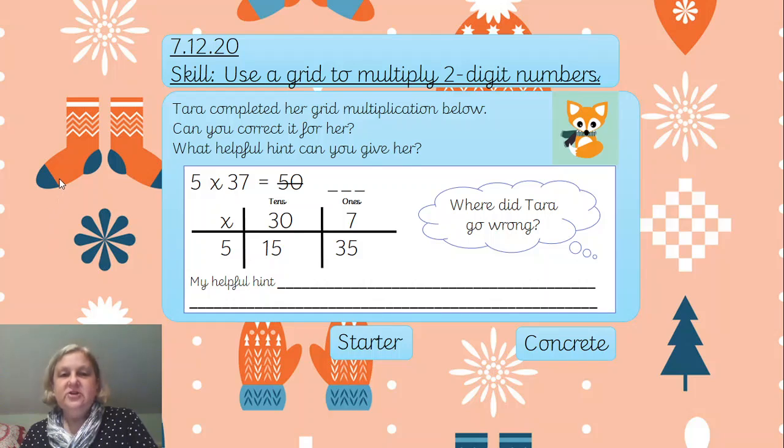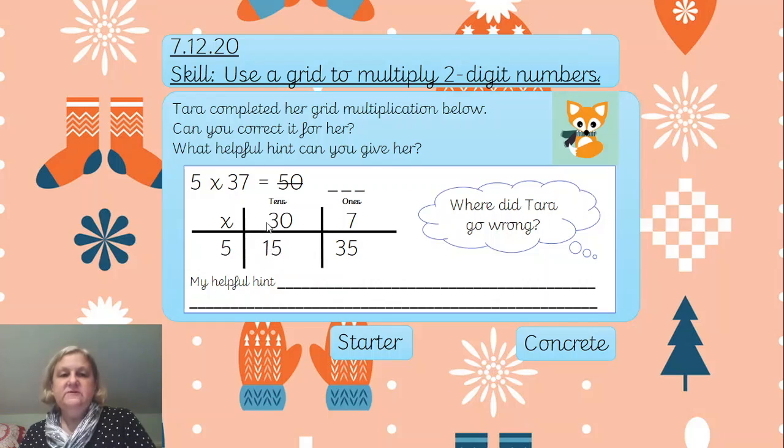So did you have a look at her mistake? She had used her grid, she's partitioned it correctly, 30 and 7, 37, and then she's times it by 5. And she's got 5 times 3, and she's got 15, but she's got 5 times 3 tens here, so that's 5 times 30. So instead of 15, this should be 150.